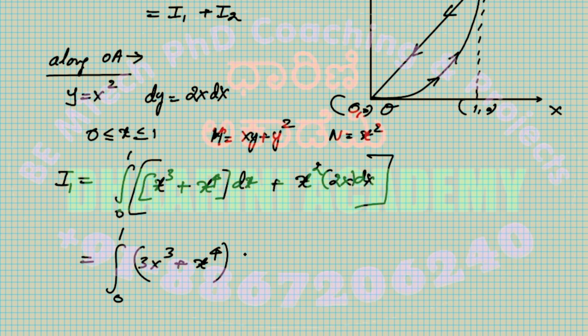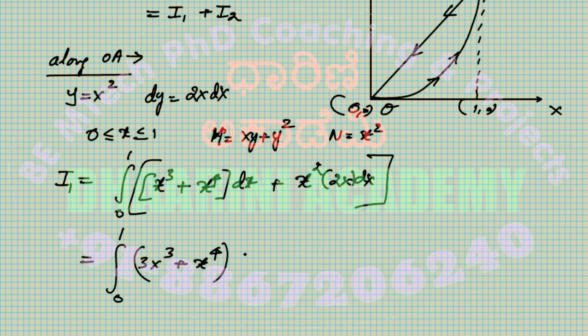Okay, let's go to the RHS part. So before doing the RHS, I need dou n by dou x, isn't it? So what is dou n by dou x? Do you have the answer? No, no, no. What is dou n?